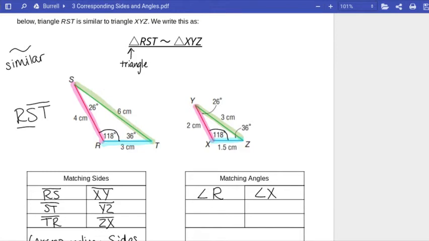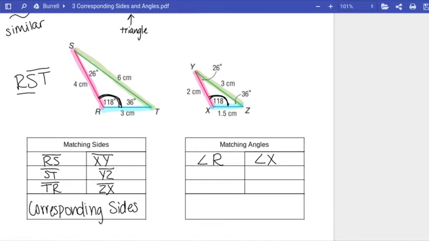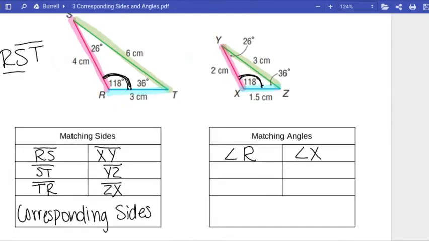However, the corresponding angles are still the same measure. So you'll notice that angle R is 118 degrees, where angle X is also 118 degrees. So our angles are still congruent. However, our matching sides are not congruent, but we'll talk in a moment about the relationship between the two.